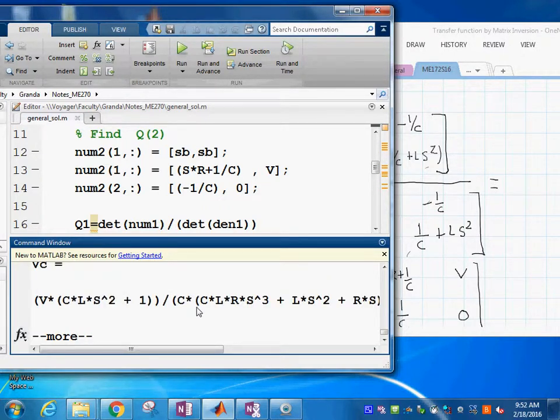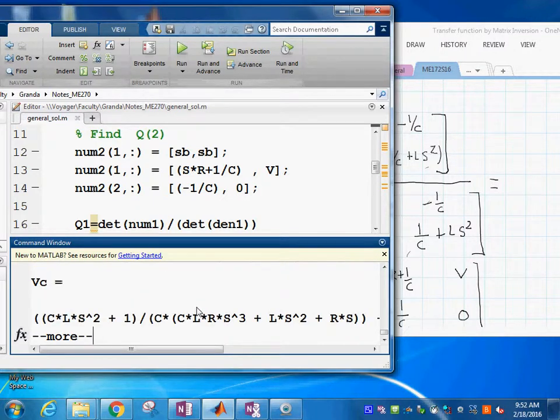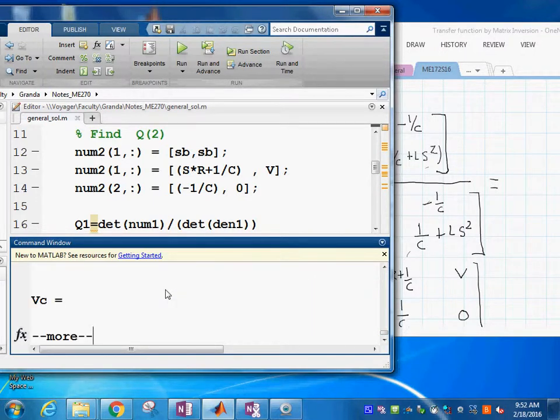I am working with symbols. And all I want are those two transfer functions. So this is what I need.